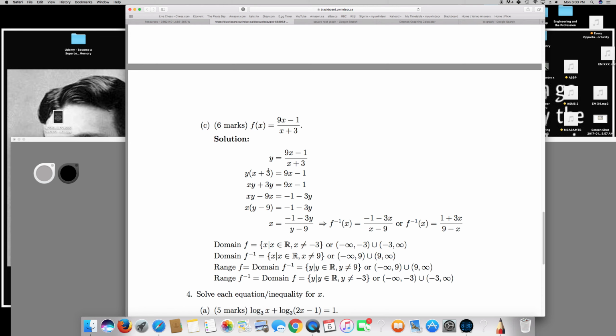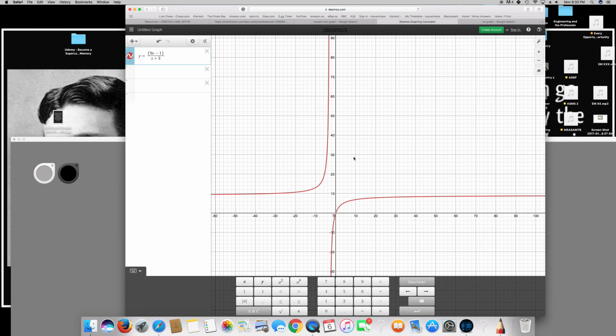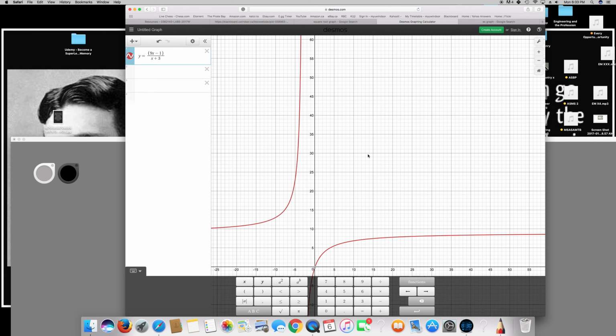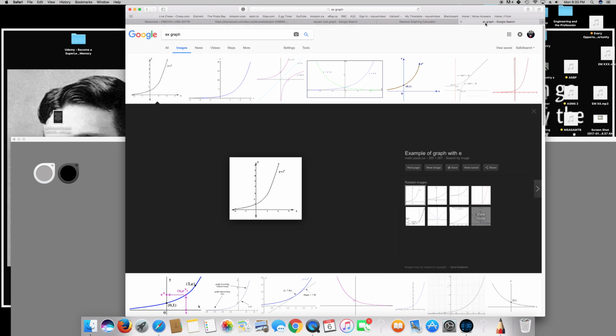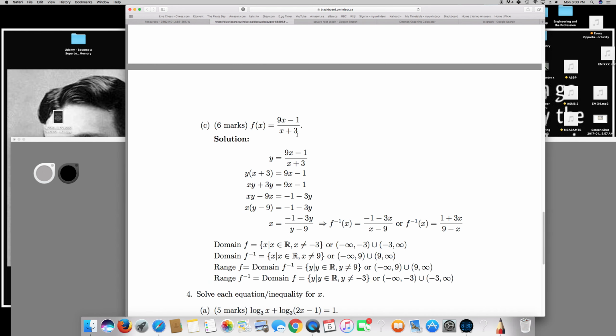Because if you put 0 for this one, it's going to be 0, so minus 3. So according to this graph, y shouldn't be 9 at all. So the range is going to be y is not equal to 9, and whatever else the number is, it's going to take it.